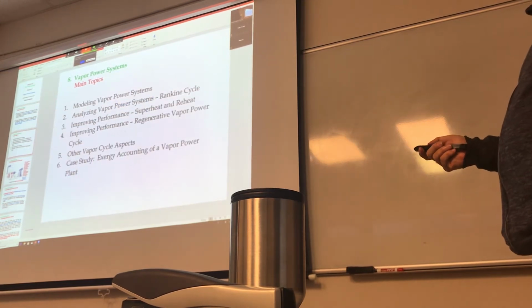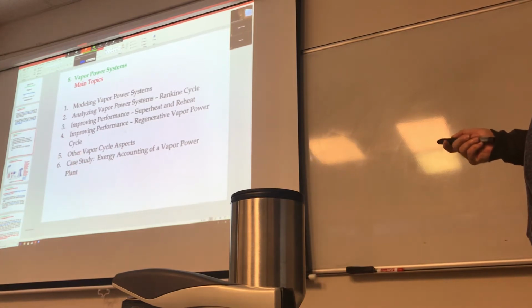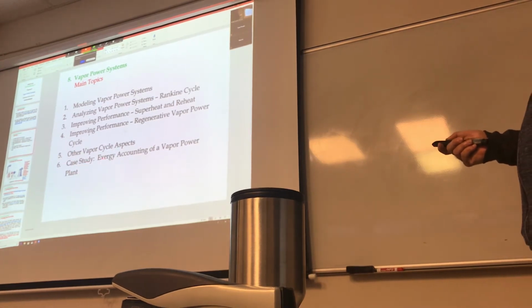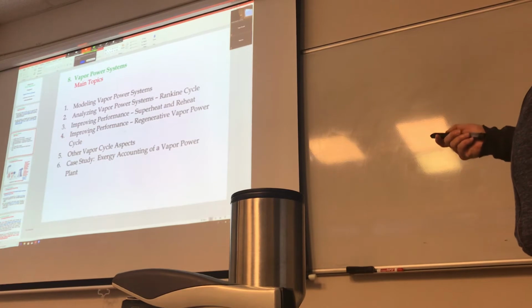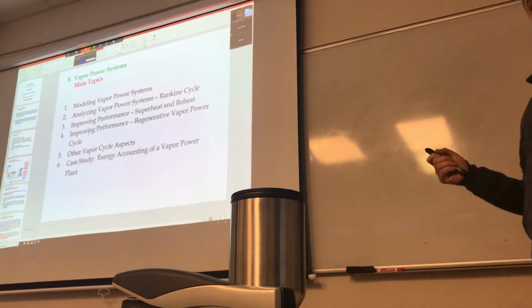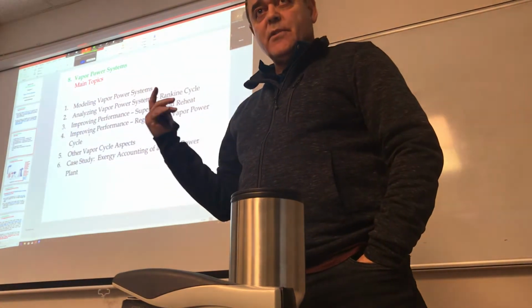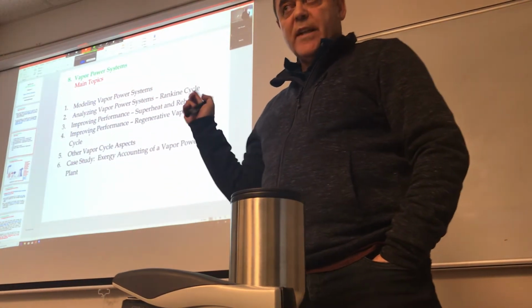So there are 6 sections in here. The last section is not really too important, but it links this to chapter 7, if you will. We'll talk about modeling vapor power systems and analyzing vapor power systems. One of the key cycles that you're going to be learning in this class, among I think 4 or 5 cycles, and this is the first one, is called the Rankine cycle.